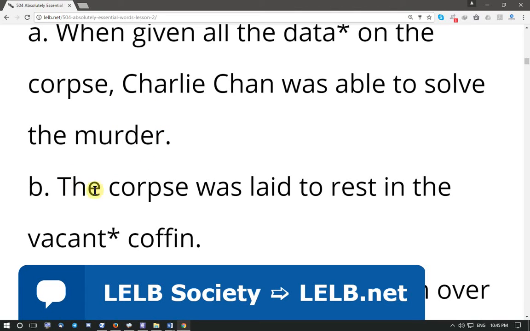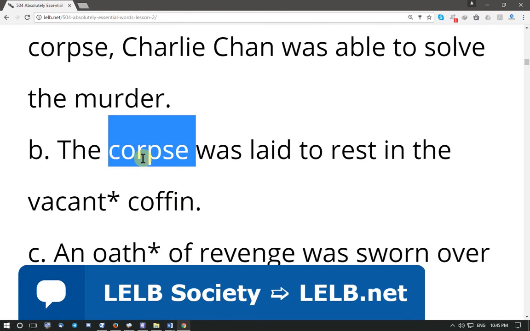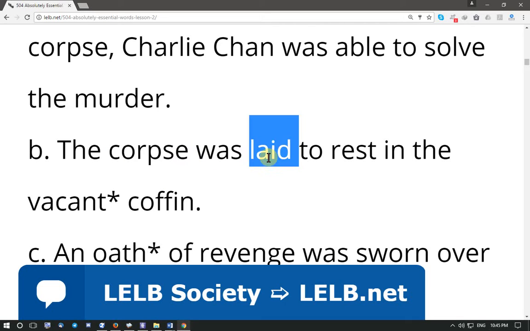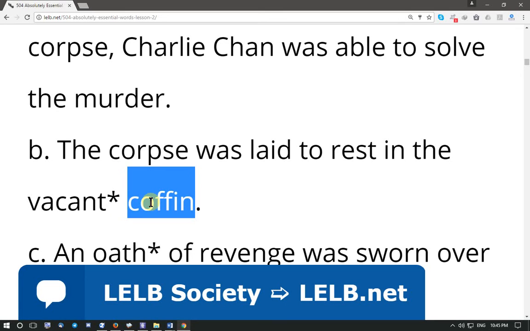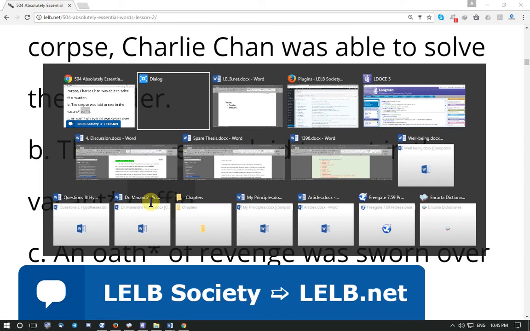Sentence B. The corpse was laid to rest in the vacant coffin. The dead body was laid or put to rest in the vacant or empty coffin. Coffin is British and the American form is casket.